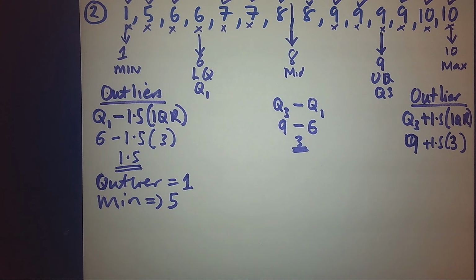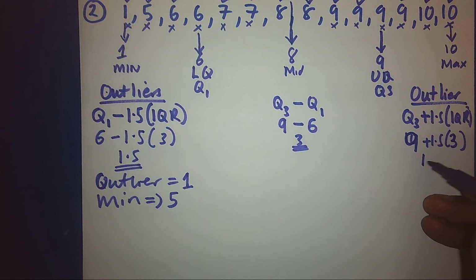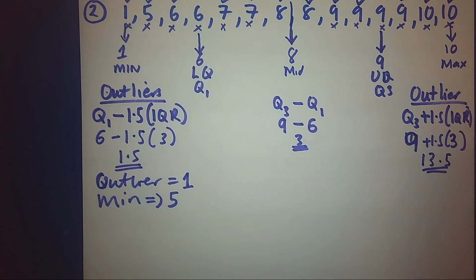When I multiply 1.5 times 3 and add it to 9, I get 13.5.